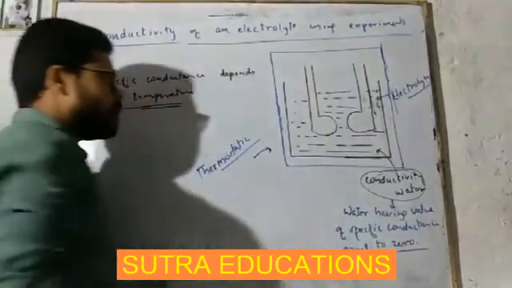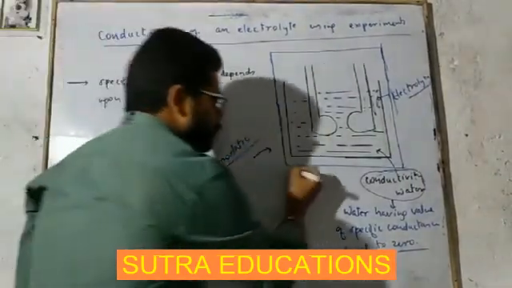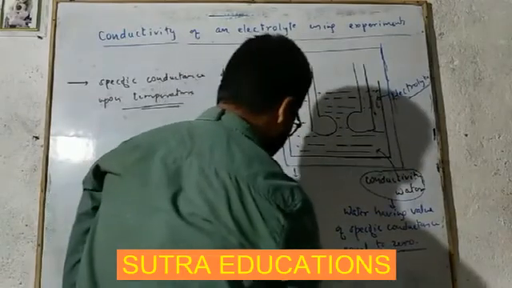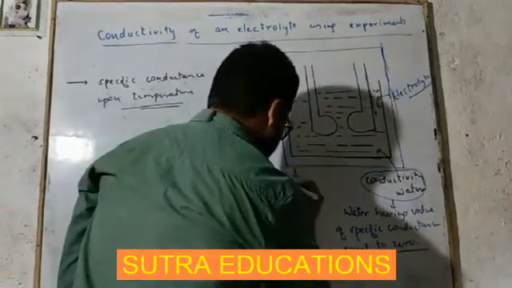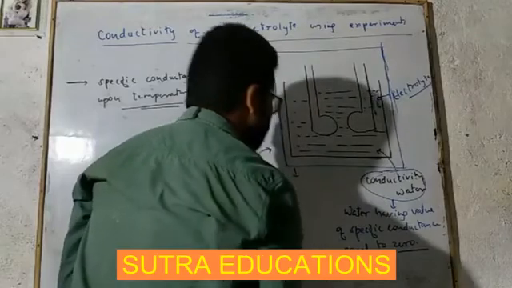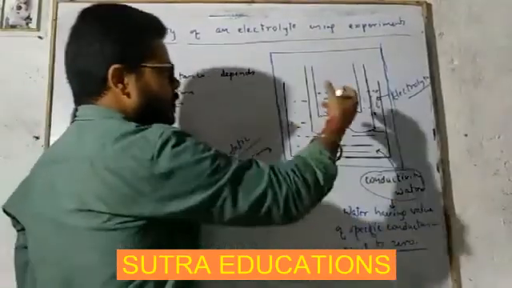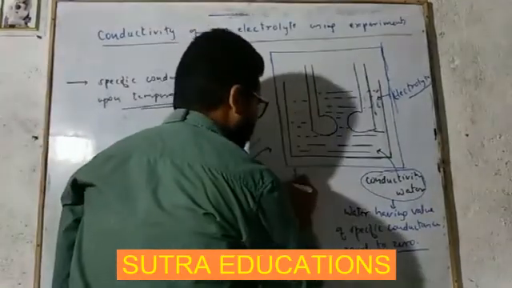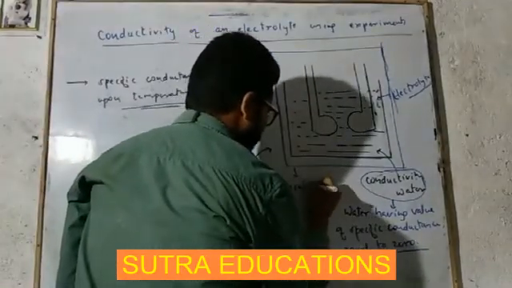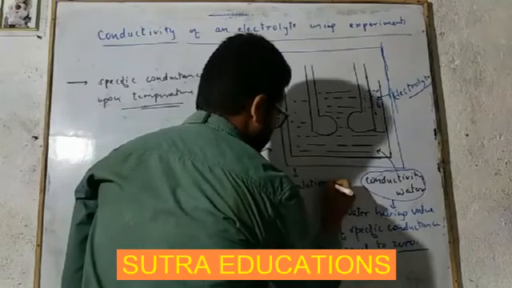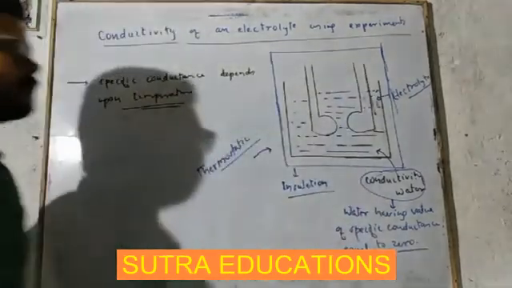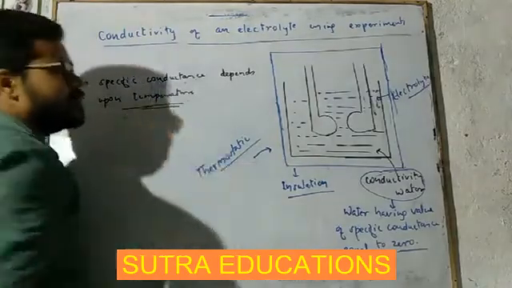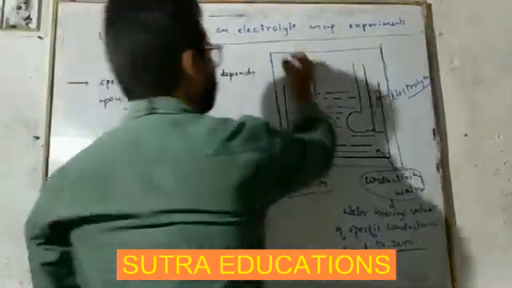Getting this? Or simply, we are insulating this conductivity cell from the surroundings, means we are making it isolated. Why is this isolation done? To avoid temperature change. Okay. So insulation is done.